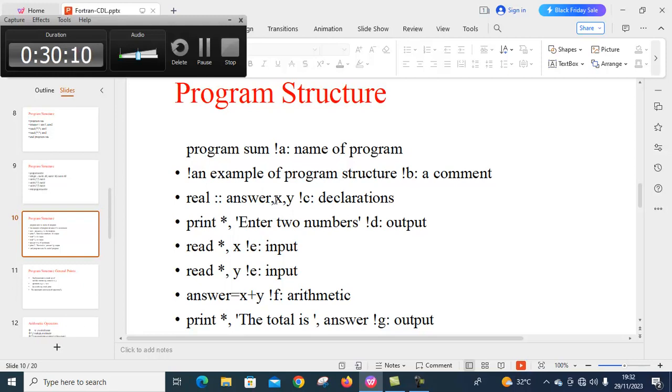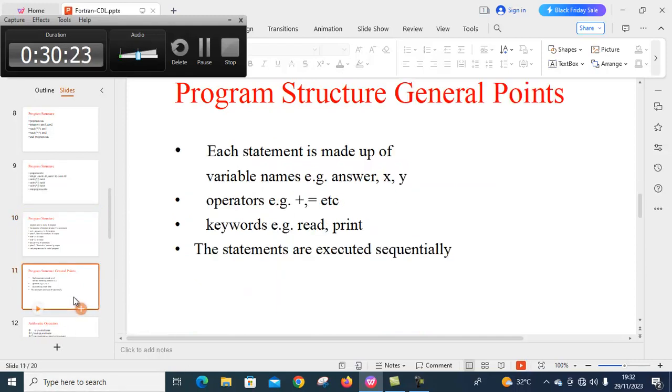A variable name may be, for an area of a circle, area.